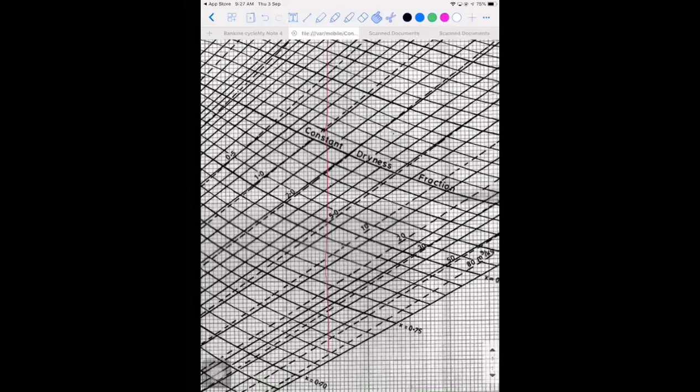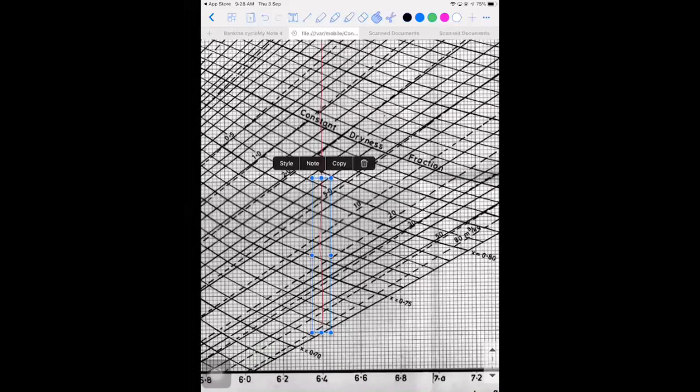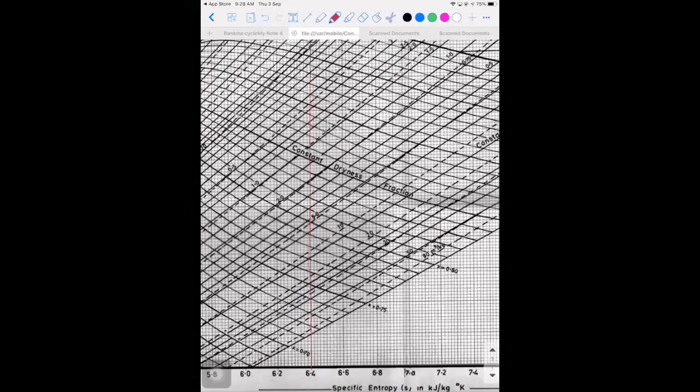You continue until this one. S1 is equal to S2 is equal to mostly 6.4 kilojoules per kg Kelvin. So this is the value.